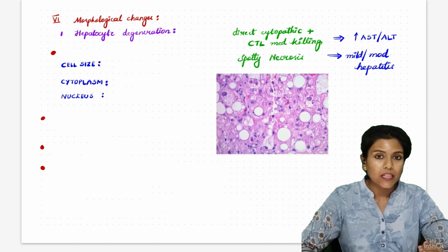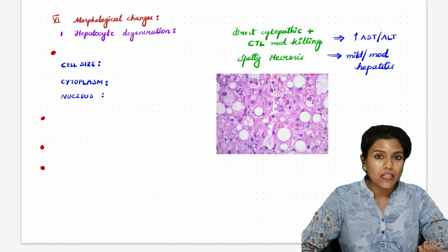This appearance of vacuolar cytoplasm in the hepatocytes is called a hydropic change. Hydropic change means vacuolar cytoplasm due to impaired metabolism of glycogen and lipid.